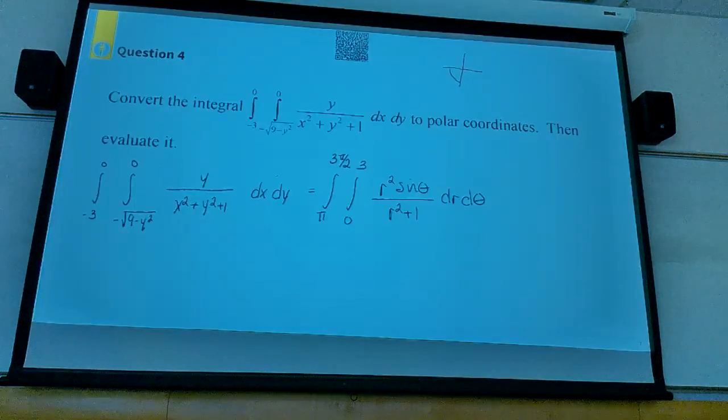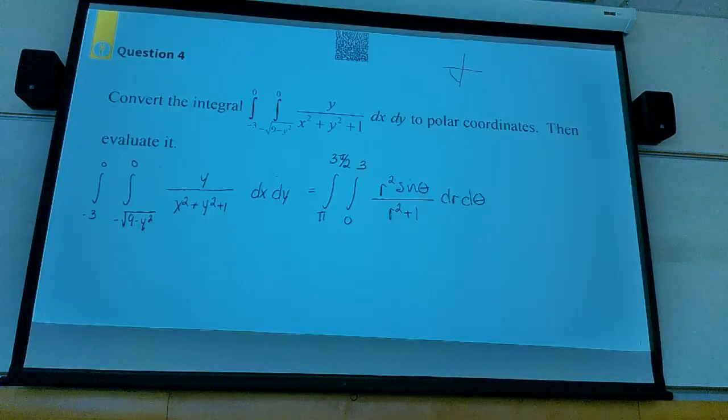You have a whole function of r, the r squared over r squared plus 1, times just a function of theta.